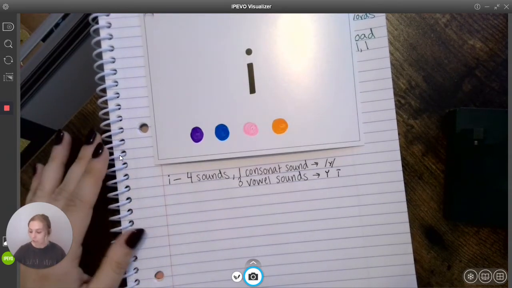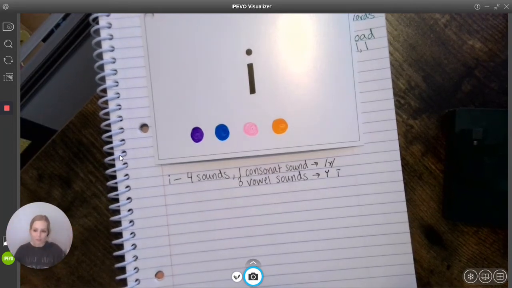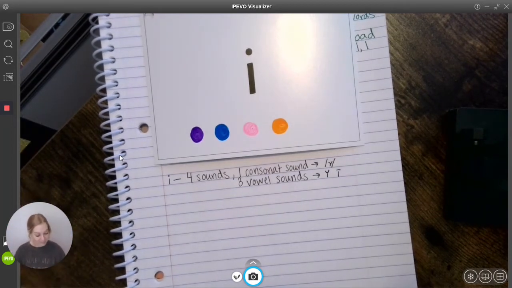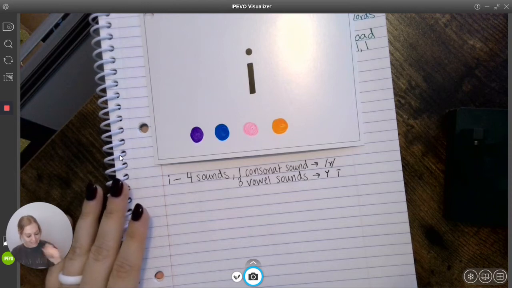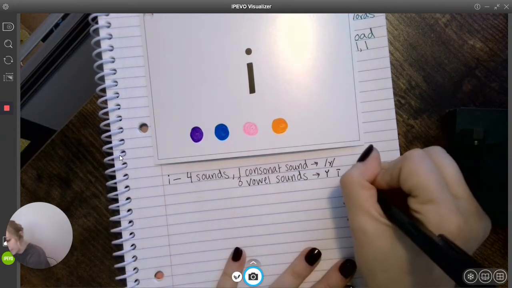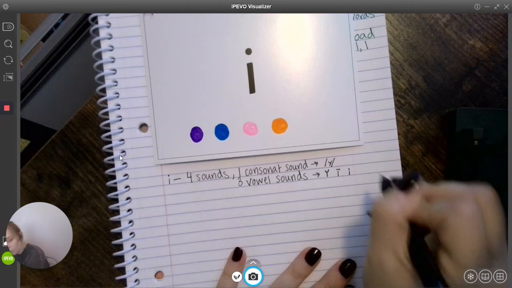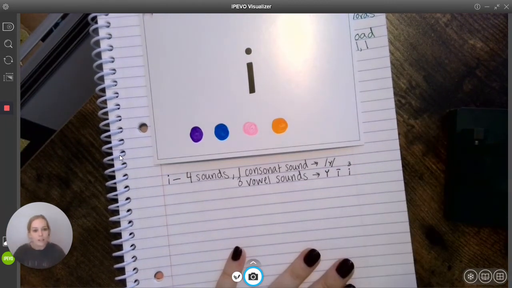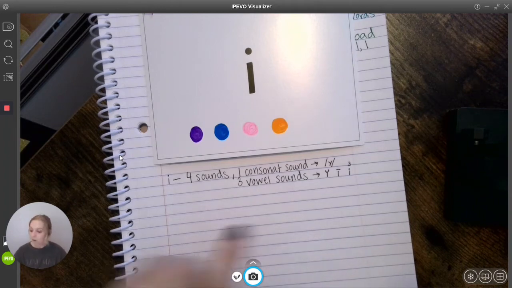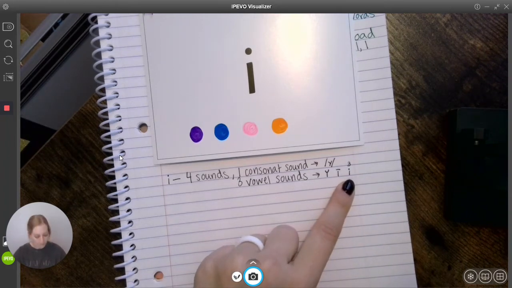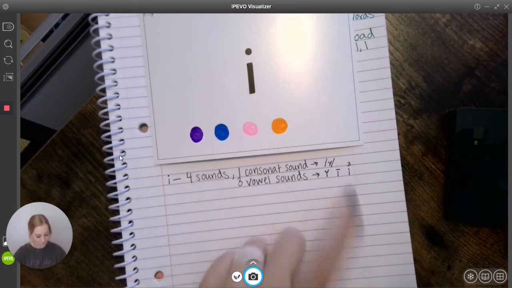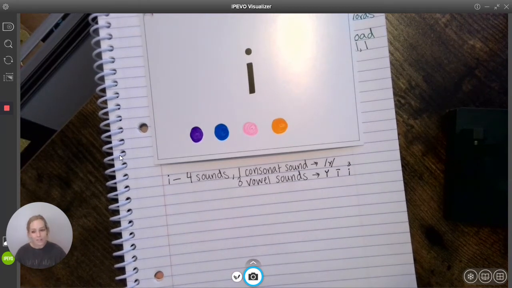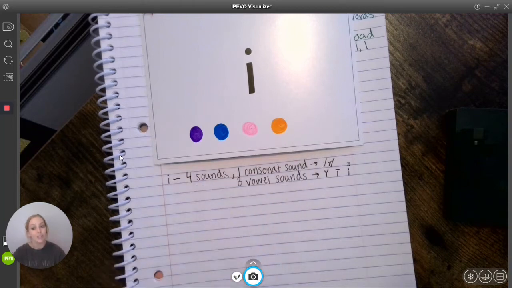What the Great Vowel Shift means for us today is that I has four sounds. We will mark the E sound by putting a 3 over it. So we're going to write it as a regular I, and then we're going to write a little 3 over it, showing that that is the third sound. And then what was the fourth sound again? Good.